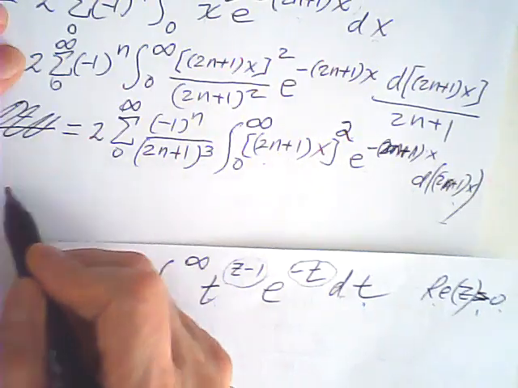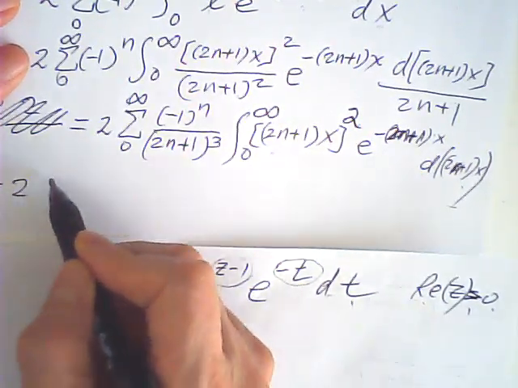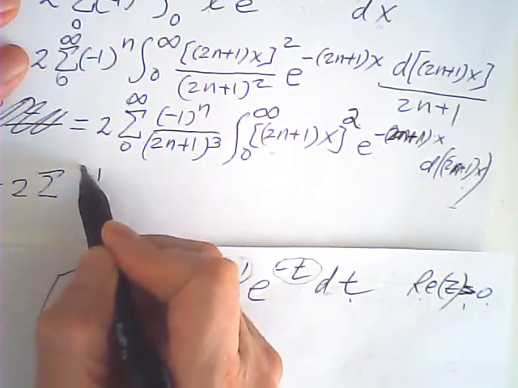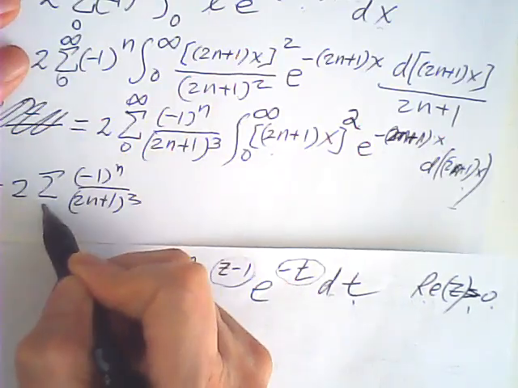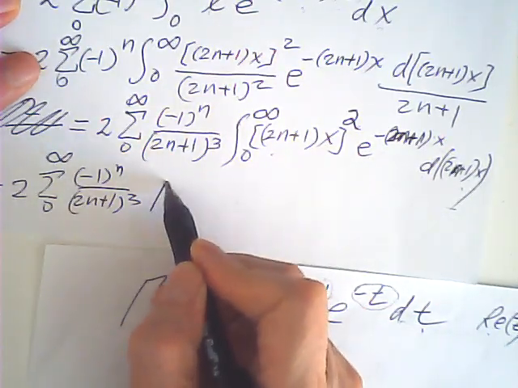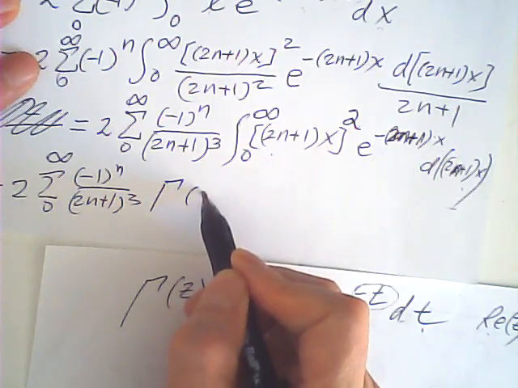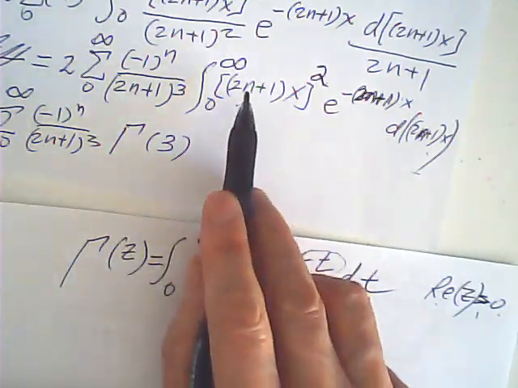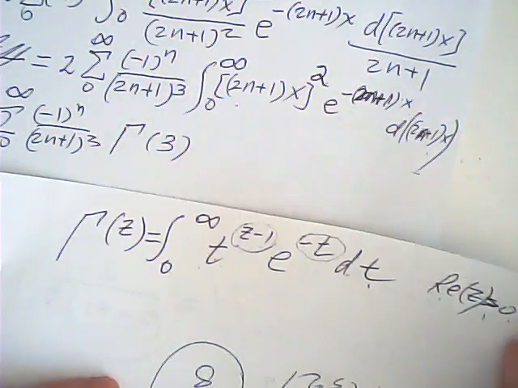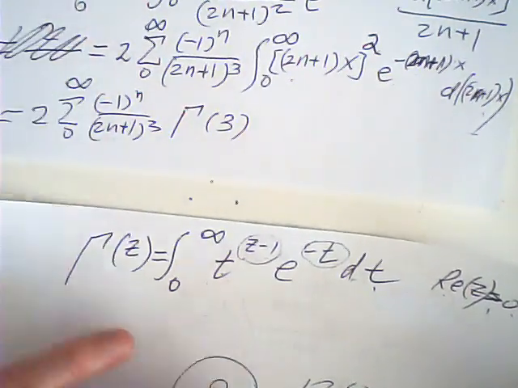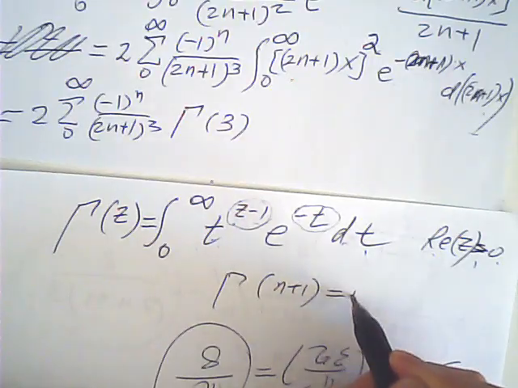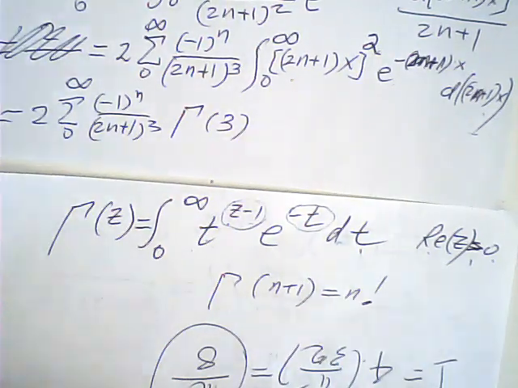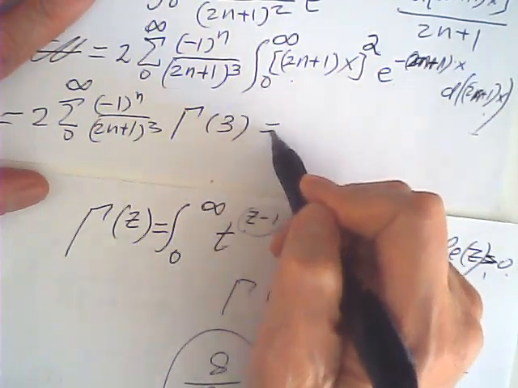So that is perfectly equal to 2 sigma negative 1 to the n over 2n plus 1 to the cube, and this is gamma of 3. 3 minus 1 is 2. Well, gamma of n plus 1 is equal to n factorial, right? So this is equal to 2 factorial, which is 2.